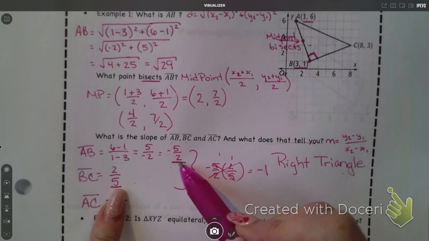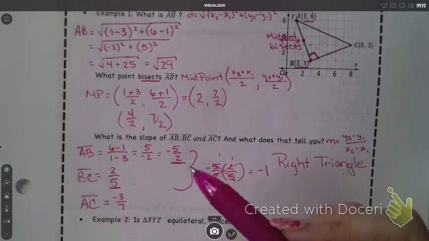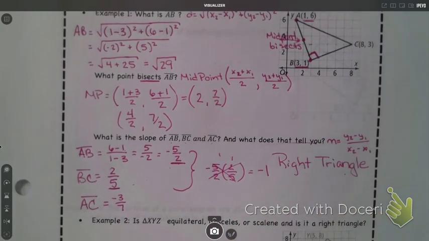That is a yes. I will give you a second if you need to add those to your sheets. No one needs to add that? On perpendicular lines, do you need to add that the slopes are negative reciprocals of each other?